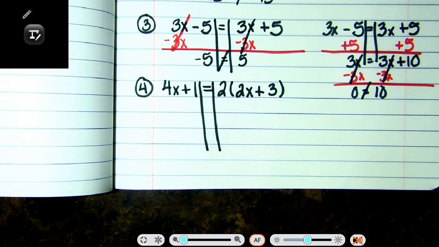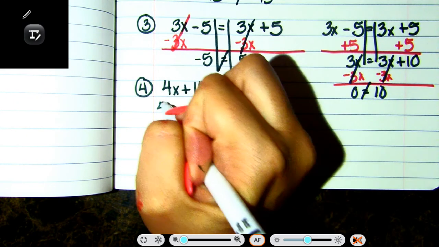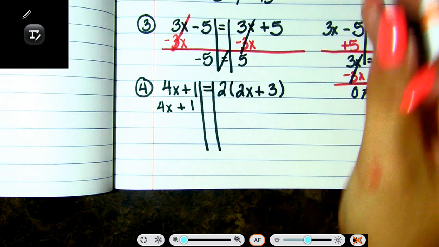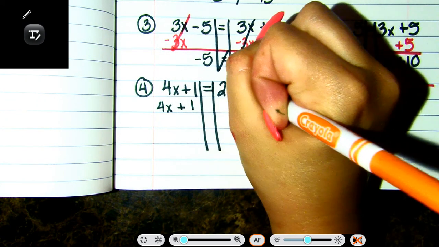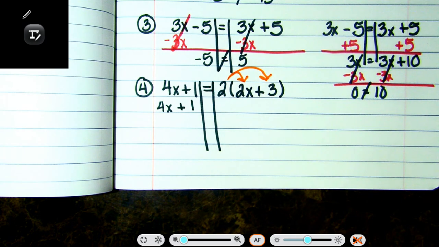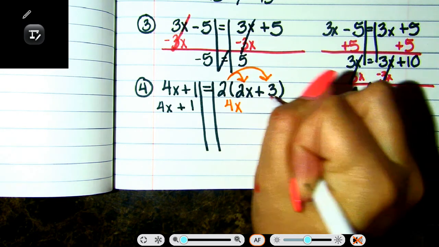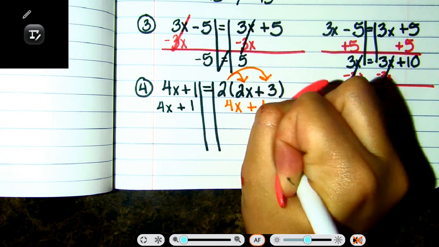So I don't have anything to distribute or to combine on this side, so I'm just going to write it down, 4x plus 1. However, on this side, I need to take care of the distributive property first. So 2 times 2x is 4x. 2 times 3, or positive 3, is plus 6.